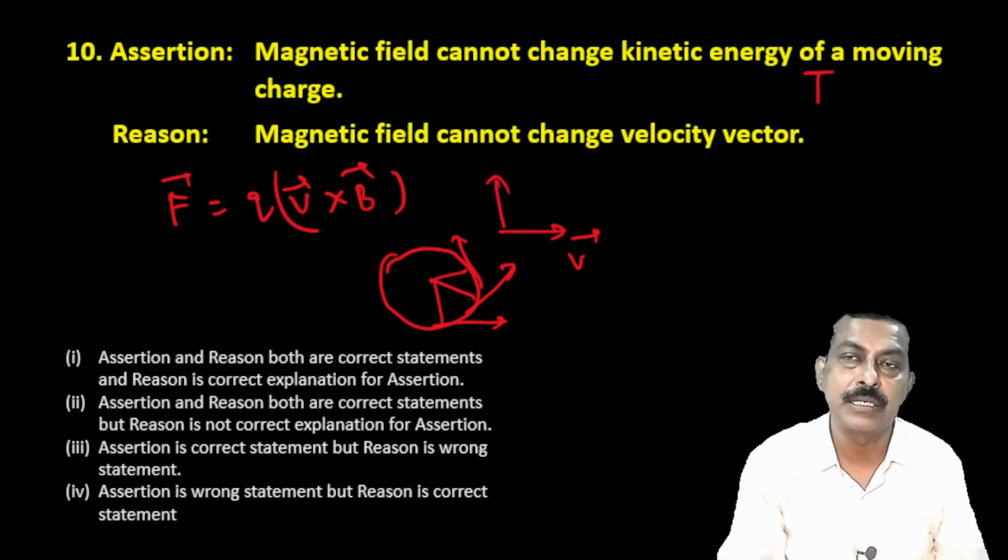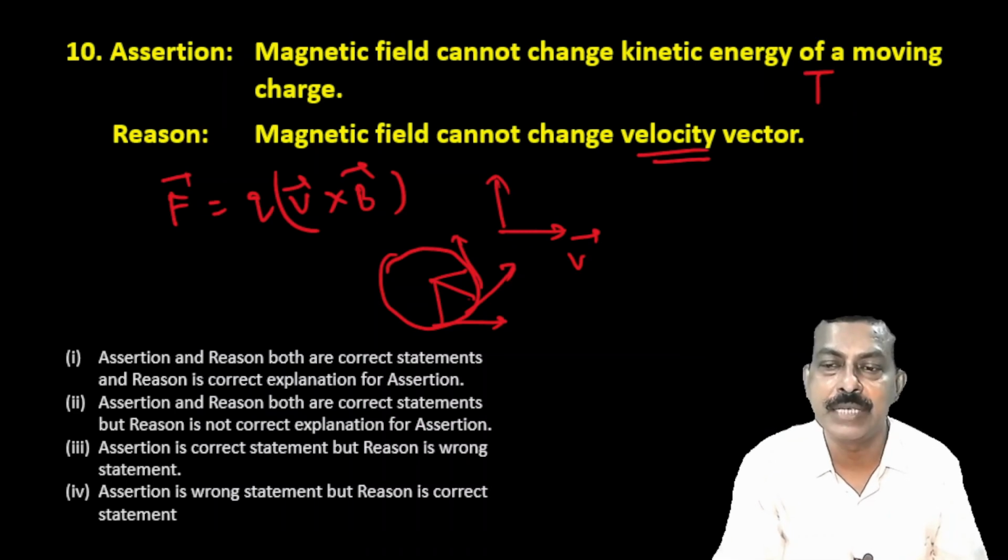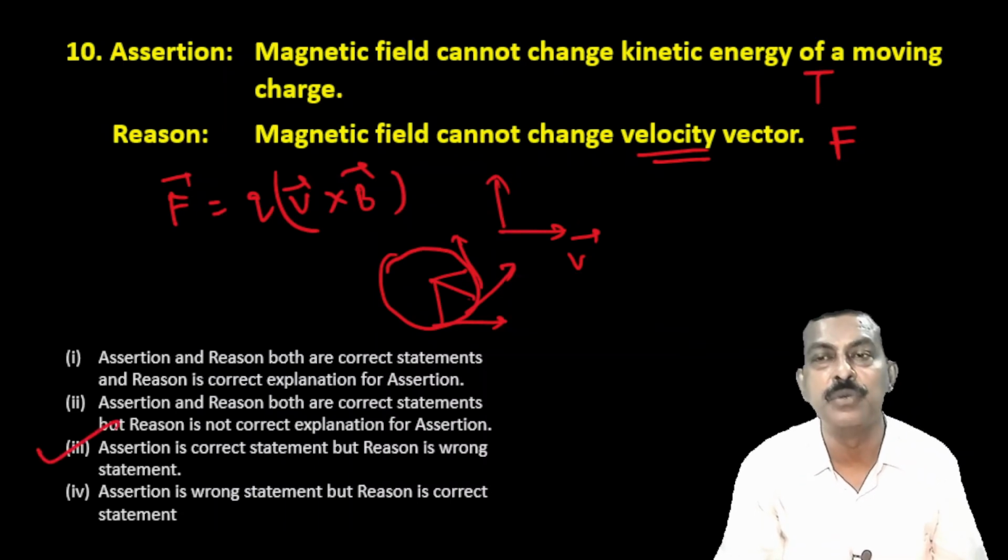So as it is acting tangentially at every point, it is basically changing the velocity vector. So if I say that it cannot change, this is false. So obviously here in this case assertion is true, reason is false. That means the third option is the correct one.